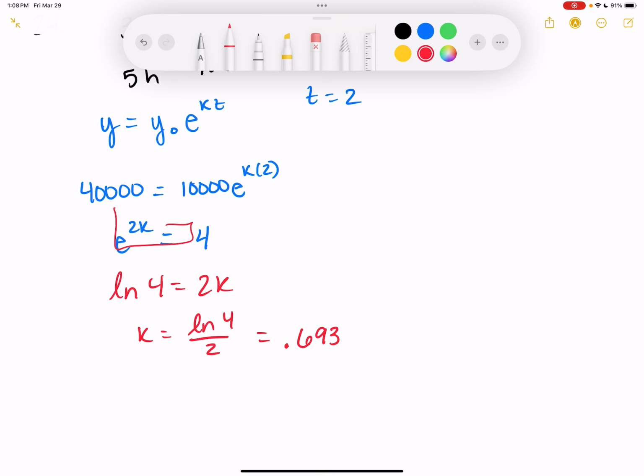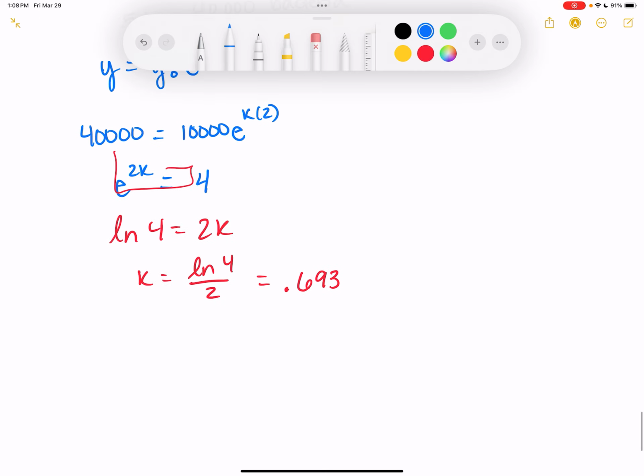When I'm doing t, I have to go back to the initial starting time, which would have been 0 hours. But how do I get from 3 hours to 0 hours? By subtracting 3. So now t is going to be negative 3 so that I can get from hour 3 back to the initial time of 0.